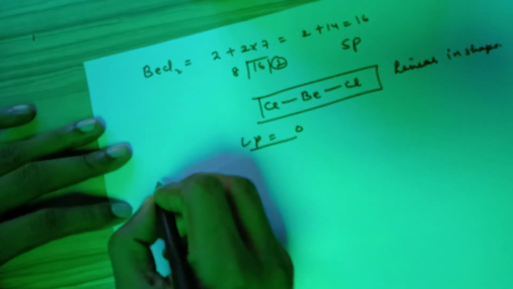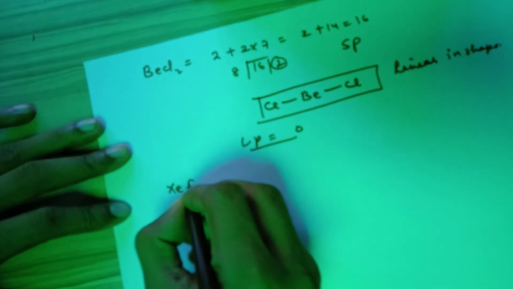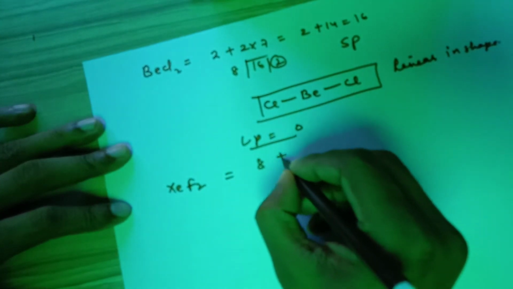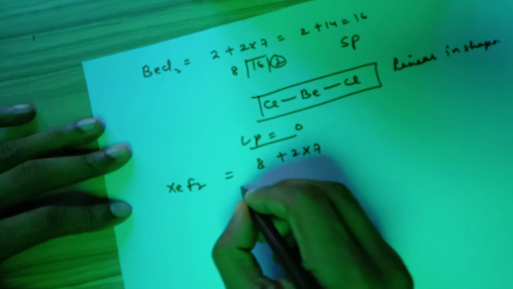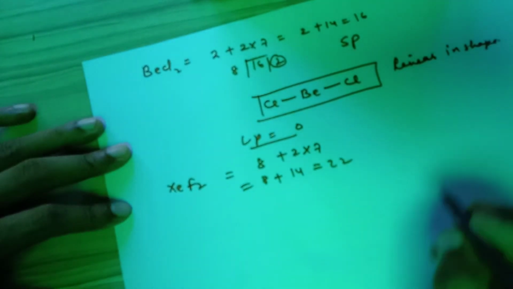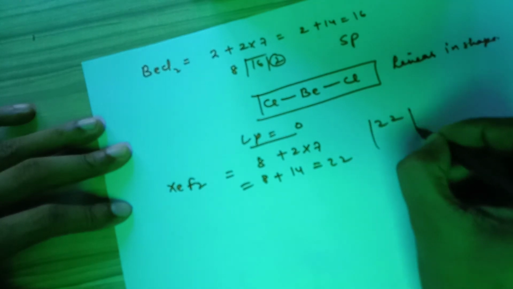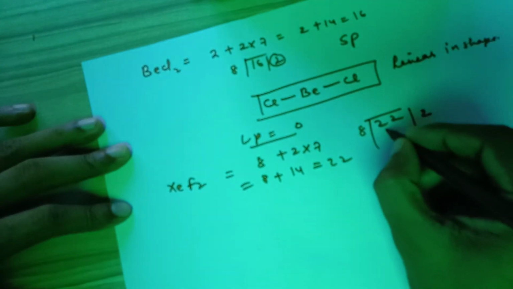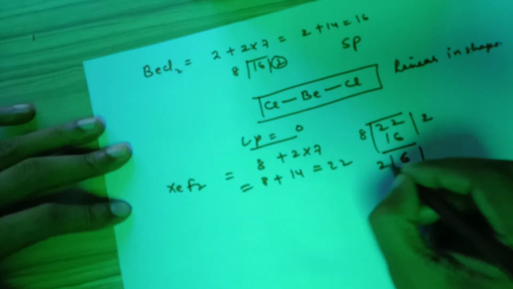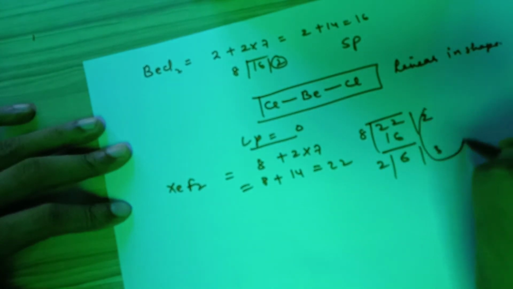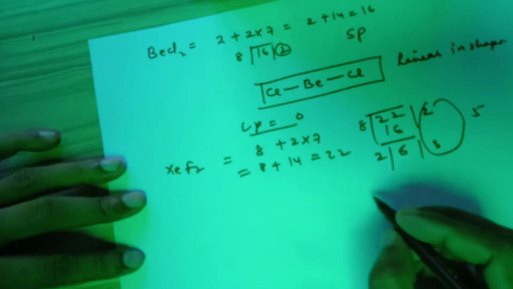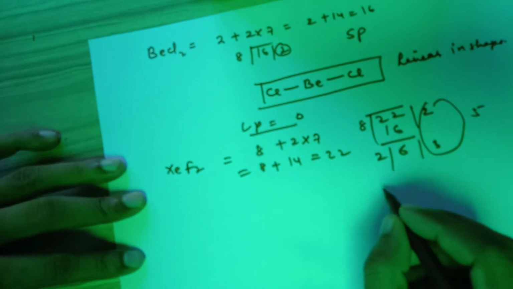Let's take another compound. Let's take XeF2. Now in xenon there are 8 electrons. For fluorine there will be 7, so it will be 8 plus 14, there are 22 electrons. Divide 22 by 8: 8 twos are 16, so 6 is left, which is less than 8, so divide by 2. 2 threes are 6, so the total bond number is 5. So the geometry will be like this.